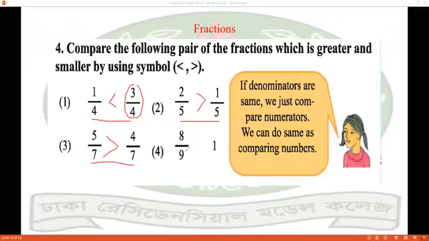So 8 is smaller than 9, so this fraction is less than 1. So 1 is greater, and we can use this sign here. In this way, we can find which fraction is greater and which is smaller by using the greater than and less than signs.